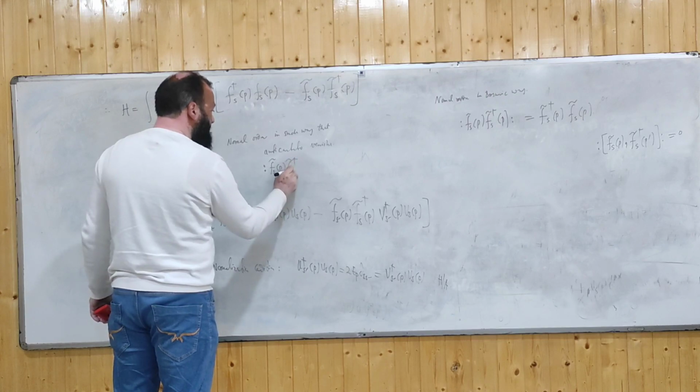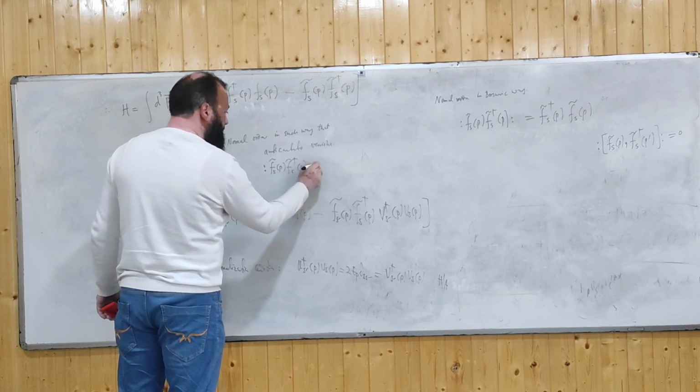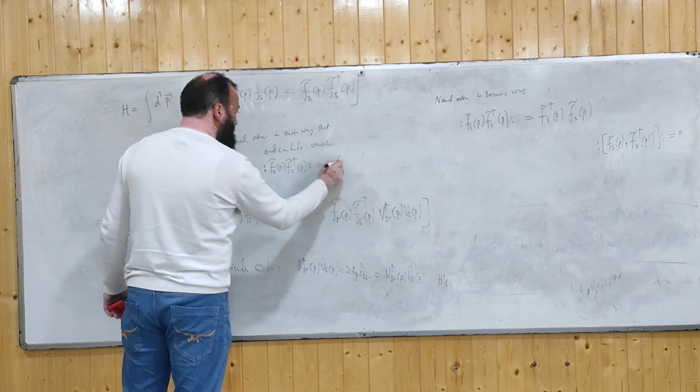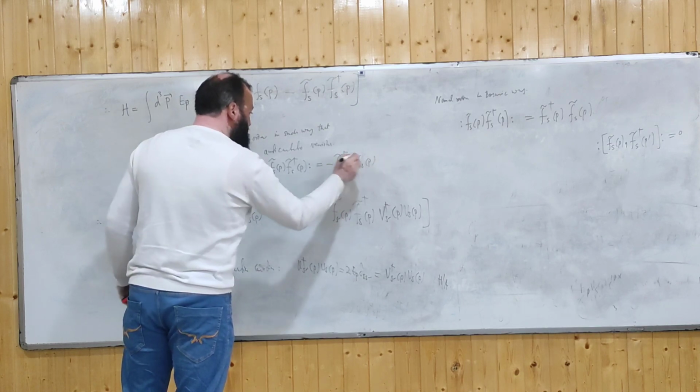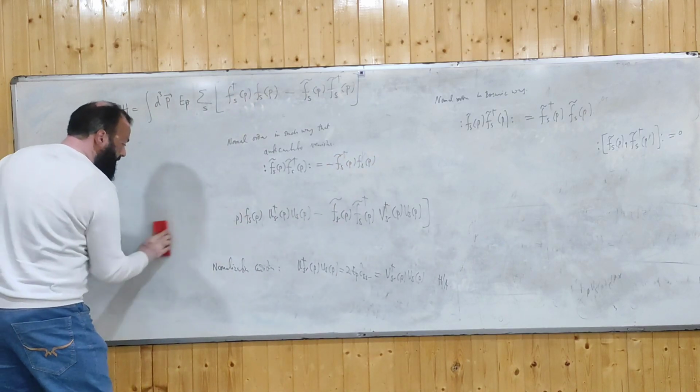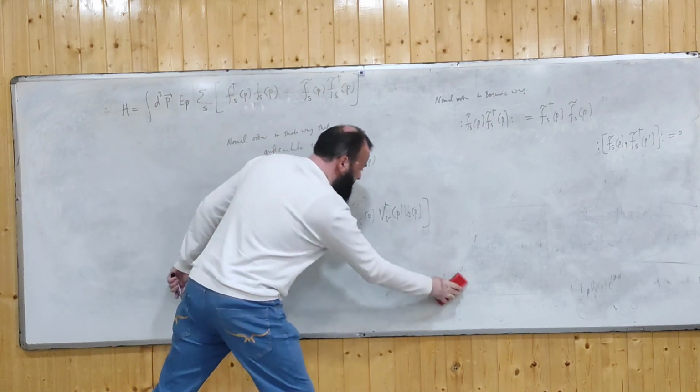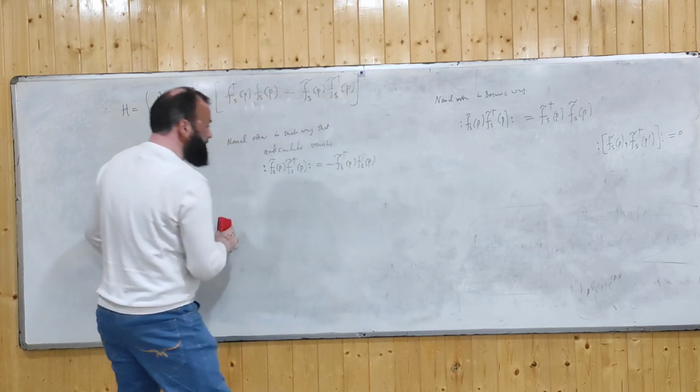So F tilde S of P F S of P is equal to minus F S of P F tilde S of P. What is the condition I have imposed? That's actually the anti-commutation rule. Those are the quantization conditions.